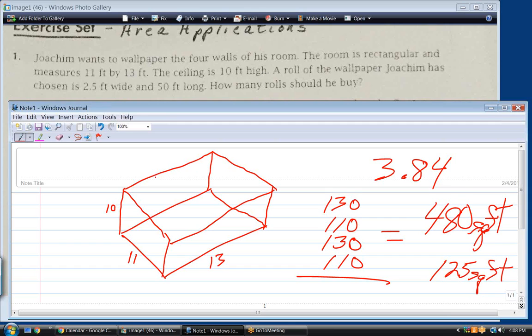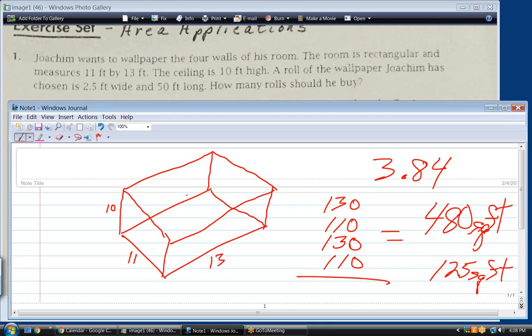Then there is the issue as to whether the bricks fit evenly or not. In other words, you might not be able to take just the square footage that needs to be covered and divide it by the square footage of the bricks because of that partial amount.